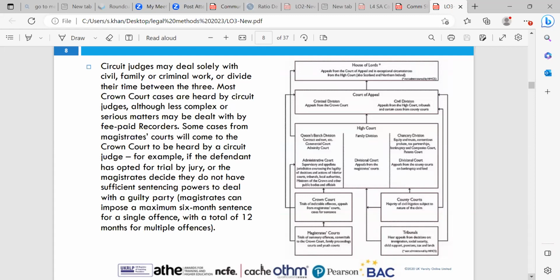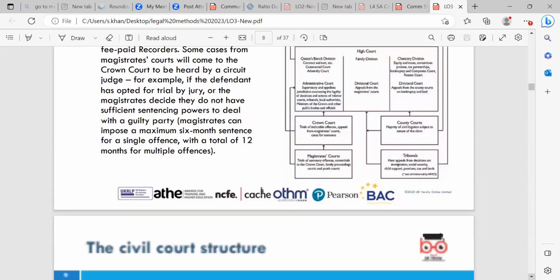Some cases from the Magistrates' Court will come to the Crown Court to be heard by a circuit judge, for example if the defendant has opted for trial by jury or the magistrates decide they do not have sufficient sentencing powers to deal with the guilty party. Magistrates can impose a maximum 6-month sentence for a single offence, with a total of 12 months for multiple offences.